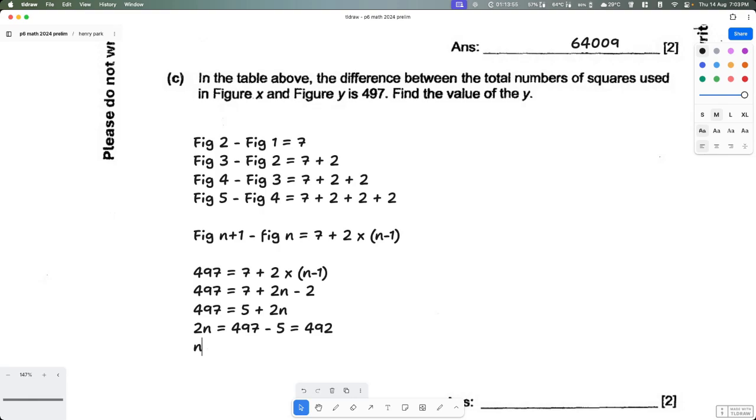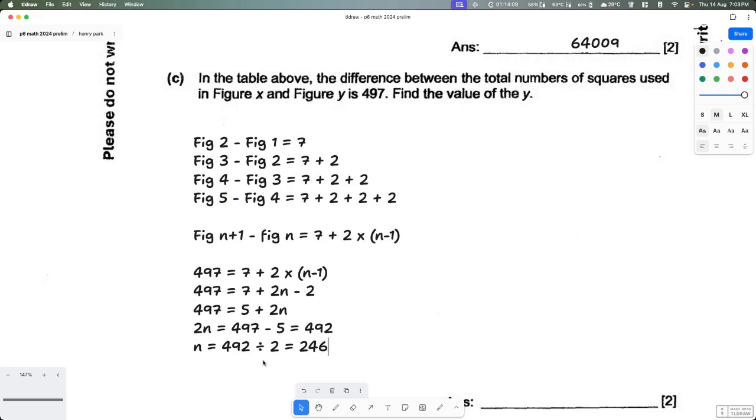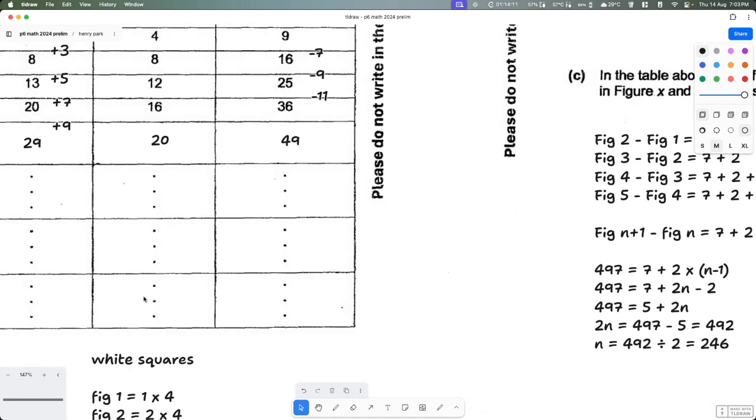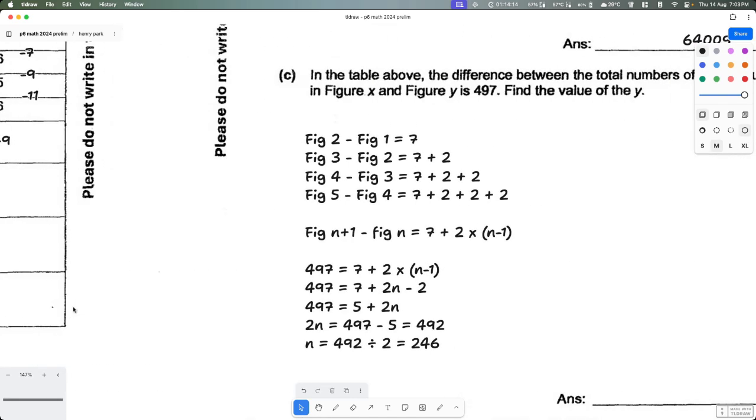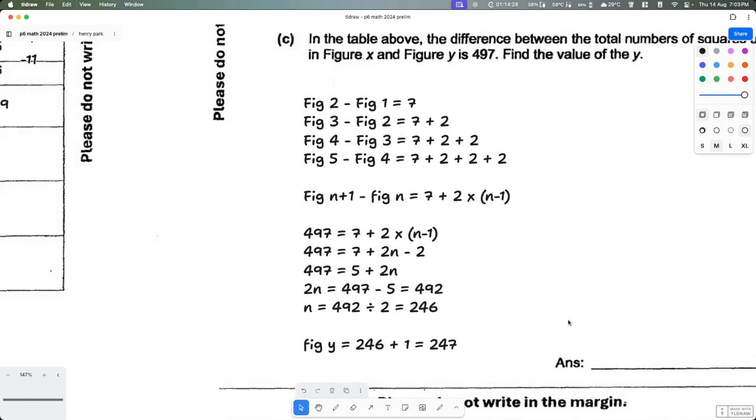Then n is equal to 492 divided by 2. This will give us 246. Okay, so in this case, what is figure X and what is figure Y? So figure Y is the bigger number. So figure Y is equal to 246 plus 1 equal to 247. Okay, and the answer is 247.